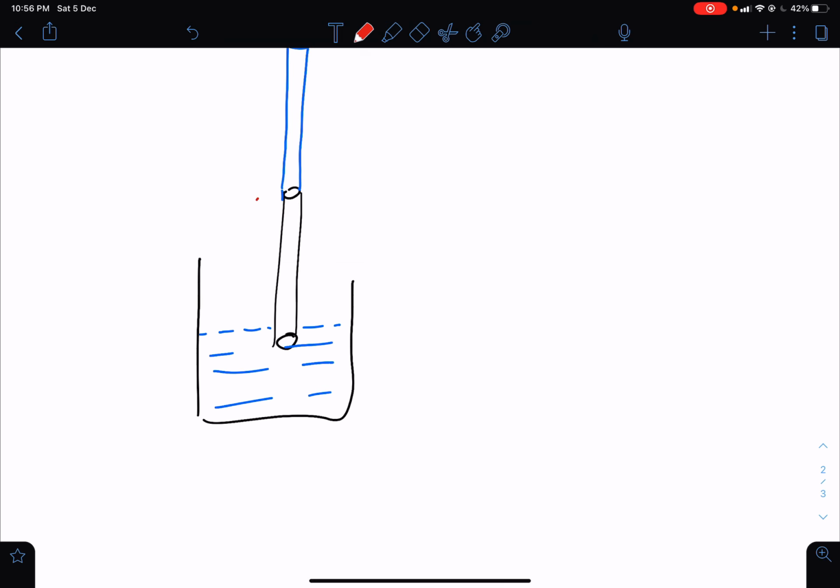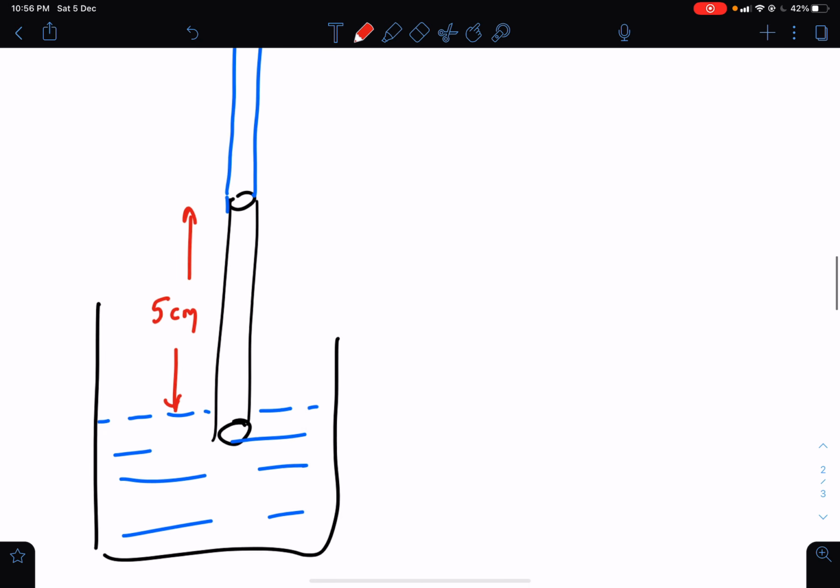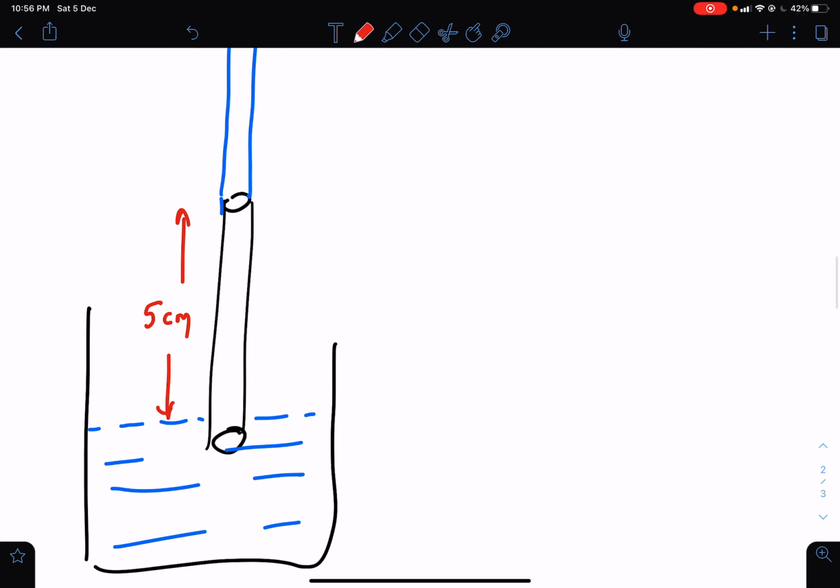The problem is that this junction is there at 5 centimeter. So definitely the water can rise up to 5 centimeter, but it wants to rise beyond 5 centimeter all the way up to 7.5.